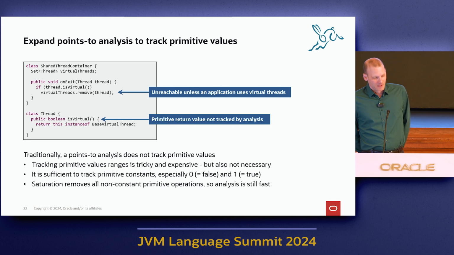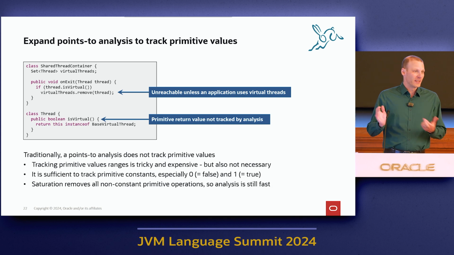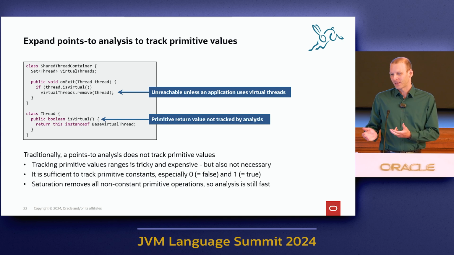The static analysis can prove that if my application does not use virtual threads, this instanceof is always false. But since the static analysis doesn't do anything with primitive values, it cannot propagate this simple effect to the caller, to my onExit method.